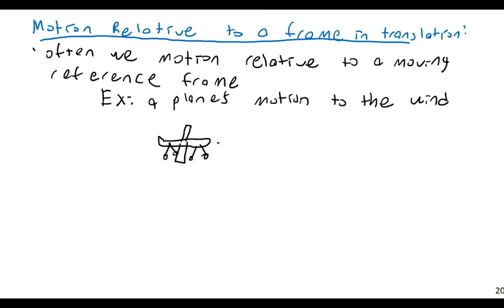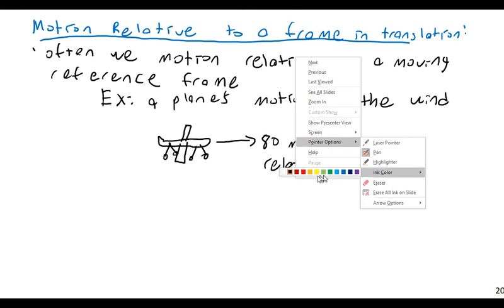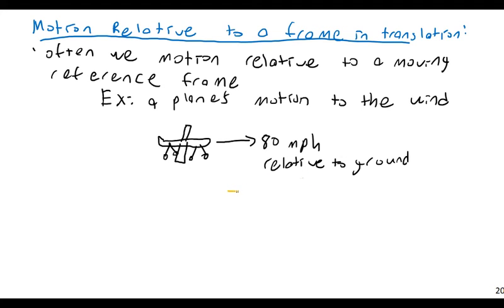And so let's say this plane is going very slow. Relative to the ground it's maybe going 80 miles per hour. But then let's say the wind is also going 80 miles per hour, but in the opposite direction.